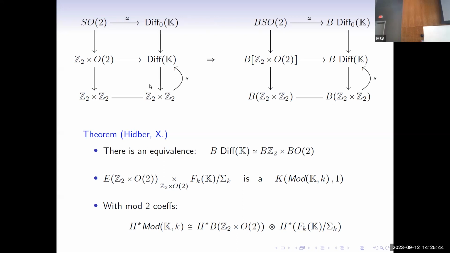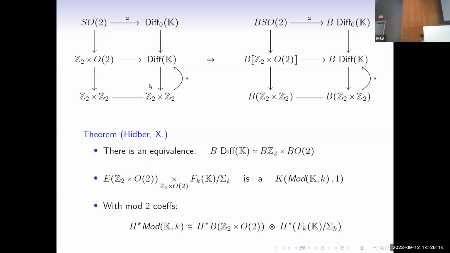And you have the same thing when you pass to classifying spaces, and then there's a similar theorem that says that if you look at this Borel construction, where C2 times O2 acts on the Klein model by diffeomorphisms, then this space is a K(G,1) for the mapping class group of the Klein model with marked points.